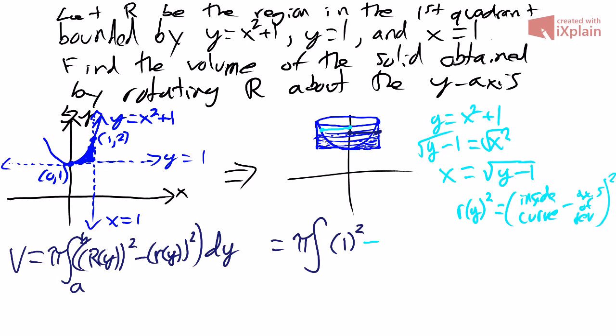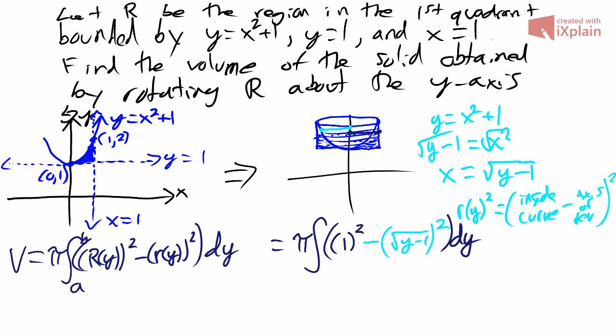Our axis of revolution is the y-axis, so that's x equals 0. So we don't need to bother writing the minus 0, so we'll just write the square root of y minus 1, squared. This is dy.